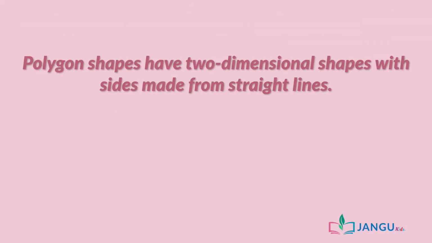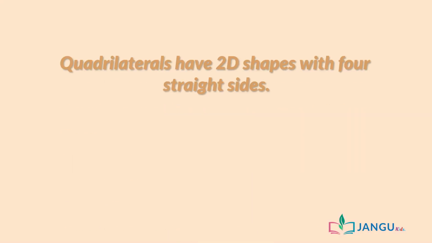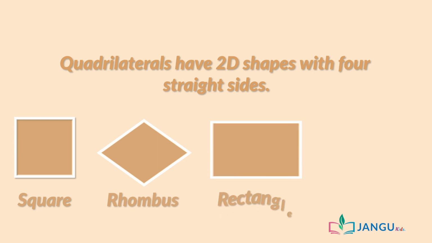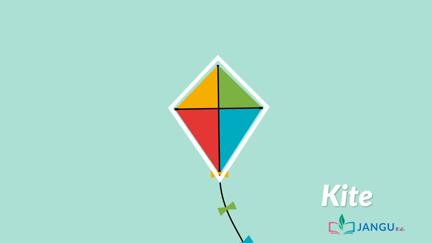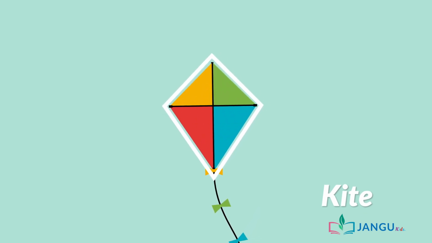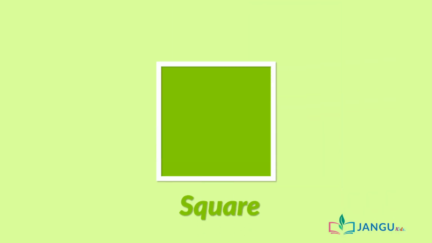Polygons are two-dimensional shapes with sides made from straight lines, such as triangles, squares, hexagons, while quadrilaterals are 2D shapes with four straight sides, such as square, rhombus, rectangle, trapezium, kite. Some figures or shapes are both polygons and quadrilaterals, such as square.